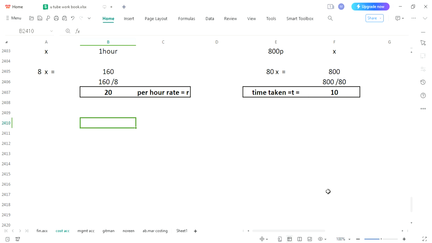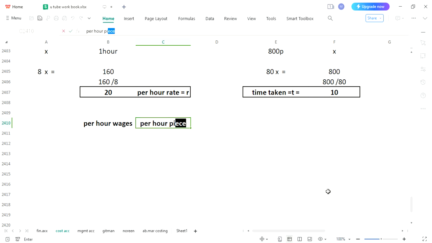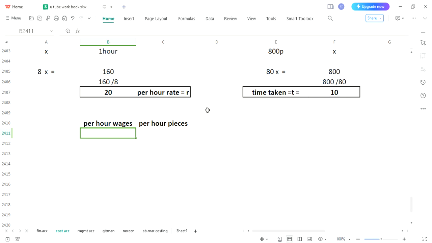So as you know, we have per hour wages. How much amount do we have? Per hour wages and per hour pieces should be written. Per hour pieces we have, and per hour wages, and we have calculated the per hour rate.